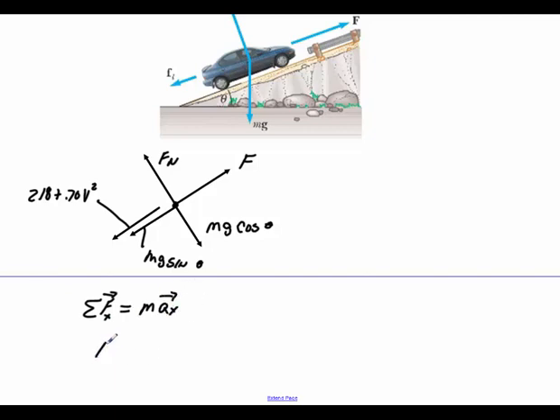So if we do that, we will get force minus 218 minus 0.70 v squared minus mg sine theta must equal the mass of the car times acceleration in the x direction.